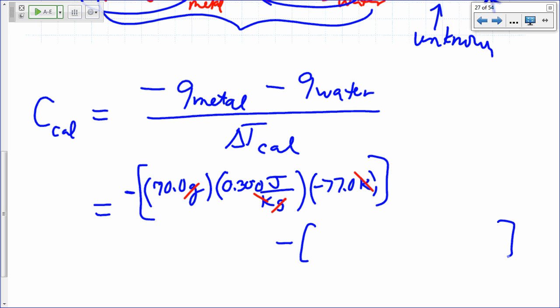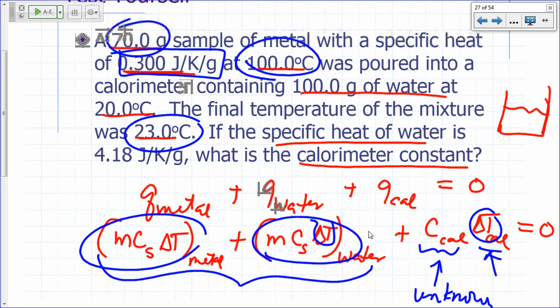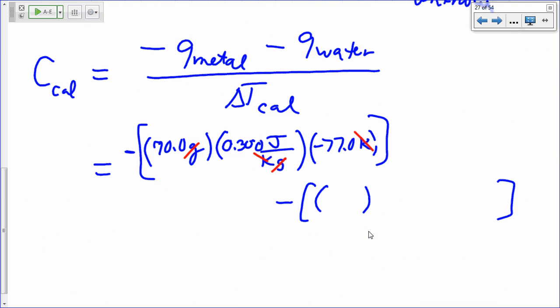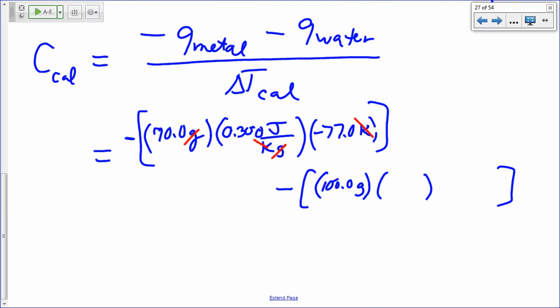What's Q of the water? Mass of the water is how much? 100 grams. Specific heat of the water, you should know, is 4.18, okay, joules per Kelvin per gram. So gram cancels out. And delta T for the water.